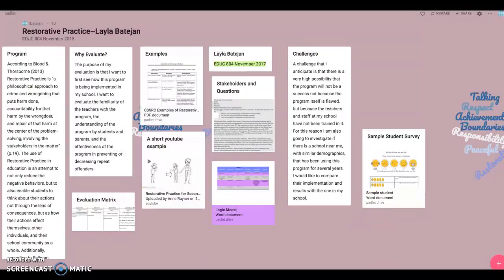So rather than a student doing something inappropriate, and as an educator, normally we give them a detention or we suspend them or we call home. It's a way to really put it back in the hands of the student to figure out why they did what they did, who it affected, and how they could rectify the wrong that they've done.